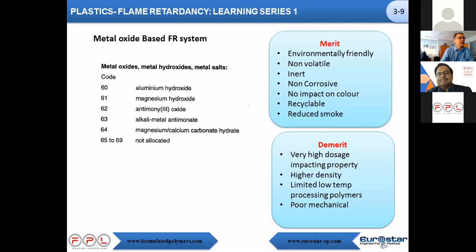But next pages, we are about metal oxide systems. In polyethylenes or polyolefins, it's about ATH, aluminium trihydrate. So it's a molecule of aluminium bonded with water. And when you heat the plastics, water is released.